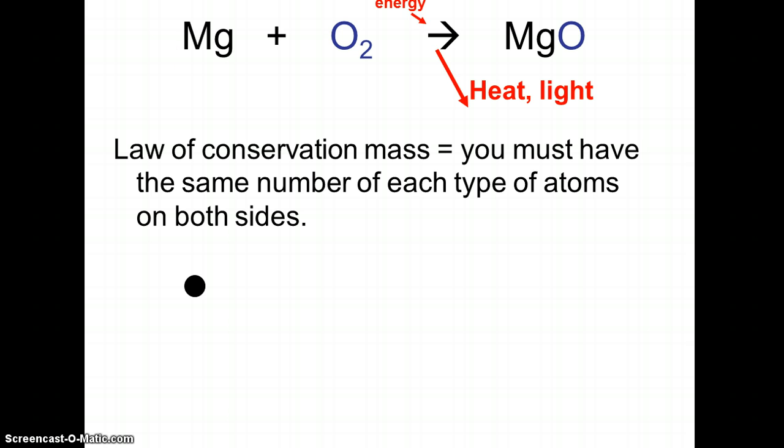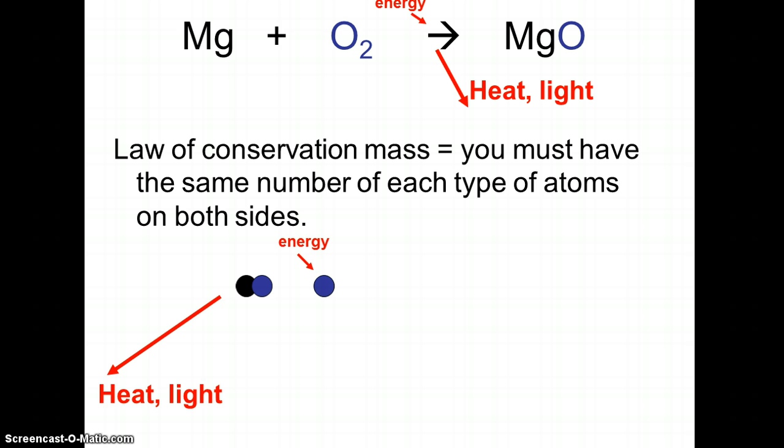A black sphere represents a magnesium atom, and two blue spheres represent an oxygen molecule, chemically bonded together, forming a molecule. During this reaction, the oxygen molecule splits apart, breaking a chemical bond. A magnesium atom joins with an oxygen atom, forming a new chemical bond, producing a substance called magnesium oxide.